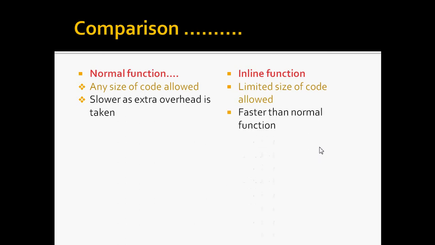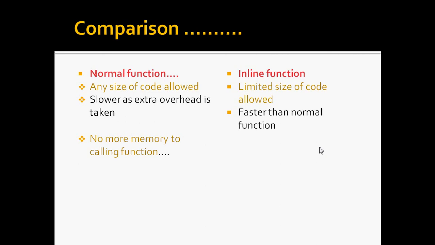Inline functions are faster because all the extraction is done at the time of compilation. Here no more memory is used in the calling function. For normal functions, suppose we are using a normal function, as we have seen in the example, the factorial function.